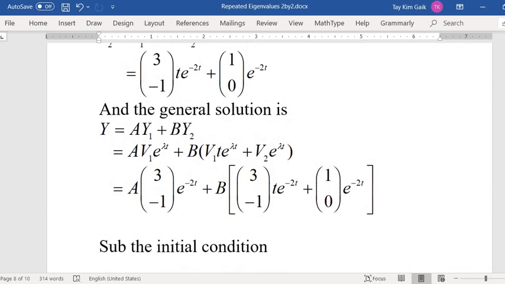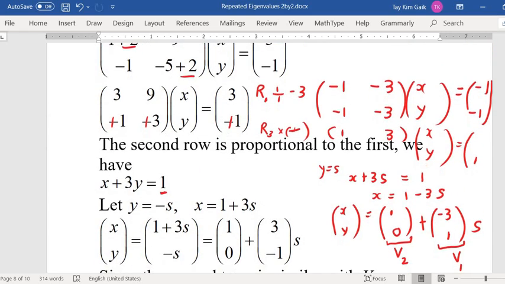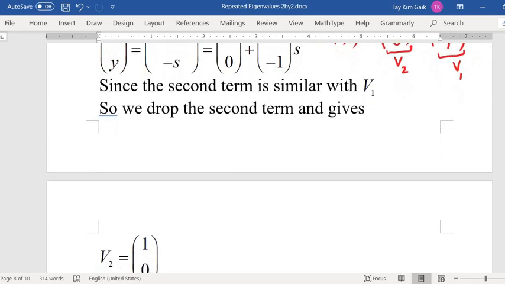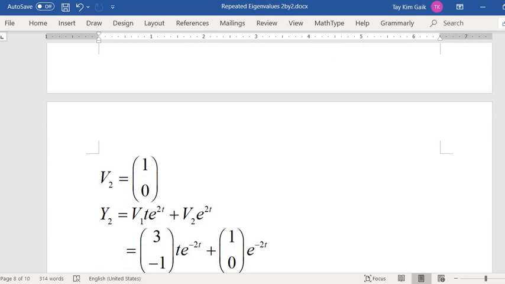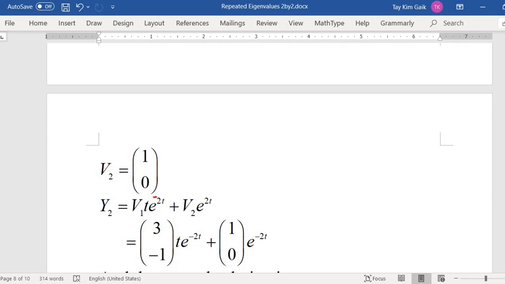For v1 you may have another variation just now, maybe negative 3 and positive 1. Both are the same, different variation only.